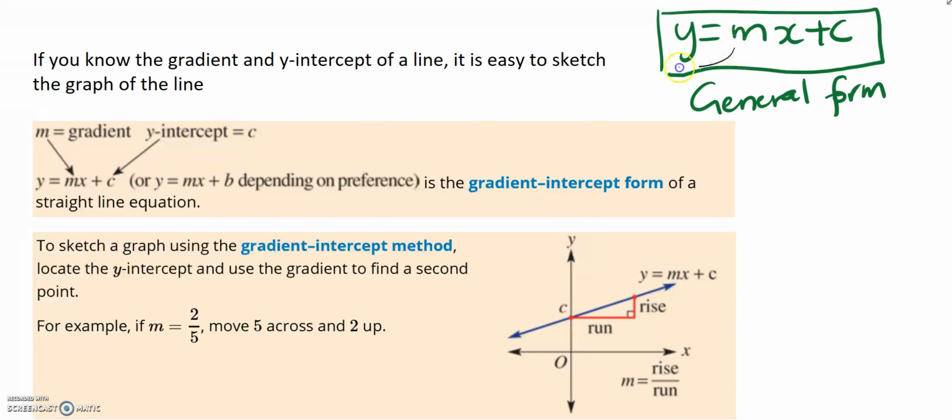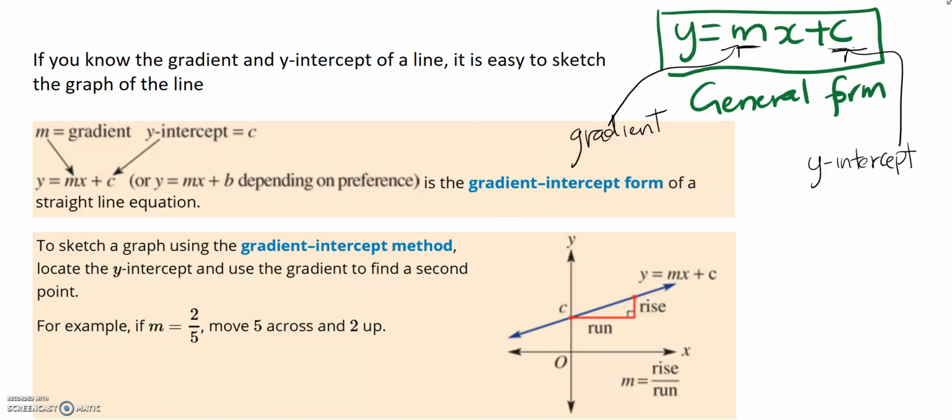As we've learned before, m is the gradient, and c is the y-intercept. So in an equation, these are the two values, m and c, which will be represented by a number.